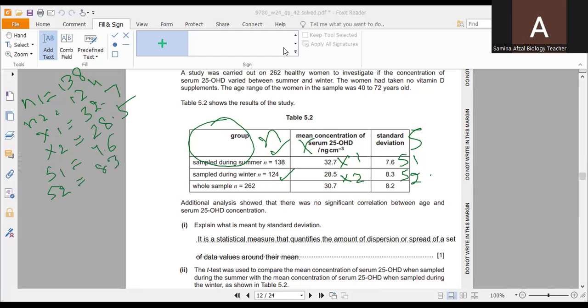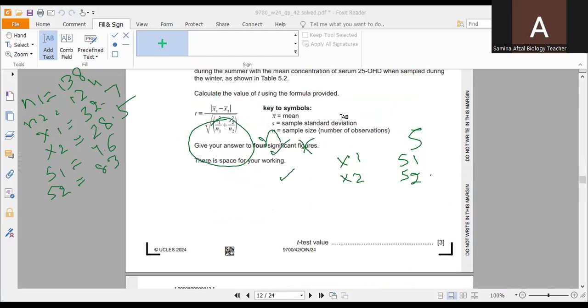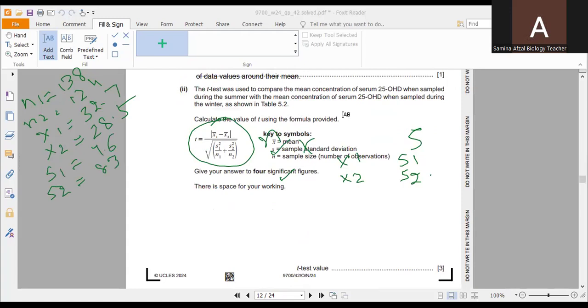So we are making use of these values in this formula, and in this way we will calculate the value of t. So I am going to put the values in the formula.